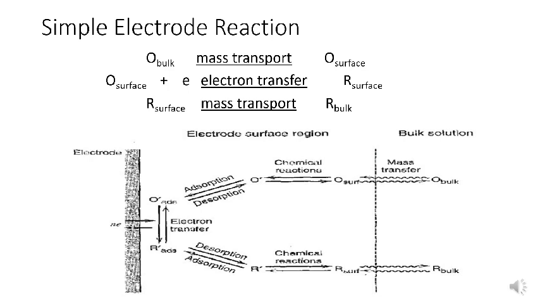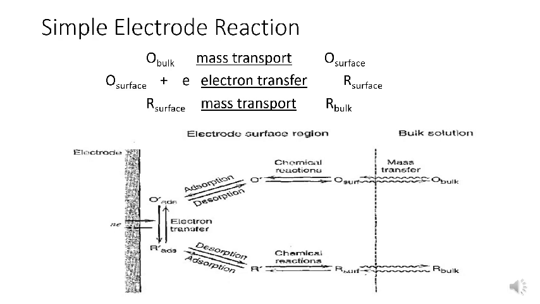Then the last step involves mass transport again, where the reduced species R at the surface, the adsorbed reduced species, move away or diffuse away from the electrode into the bulk solution. This is the diagram showing the bulk, where the concentration of oxidized species is uniform in this area.